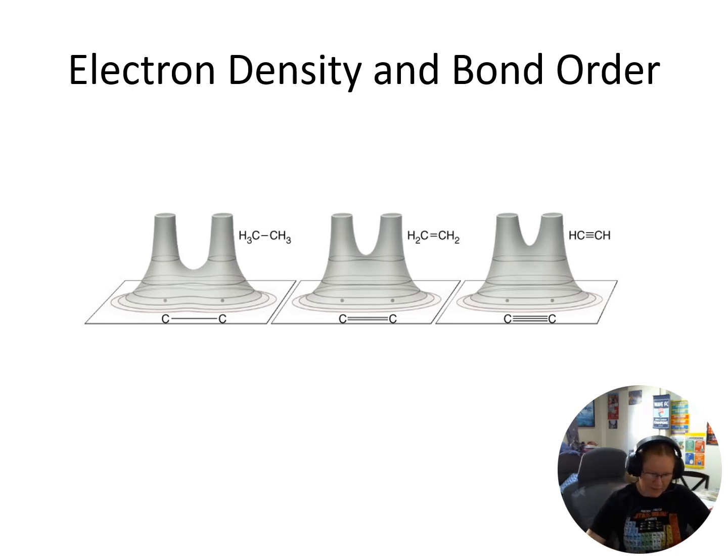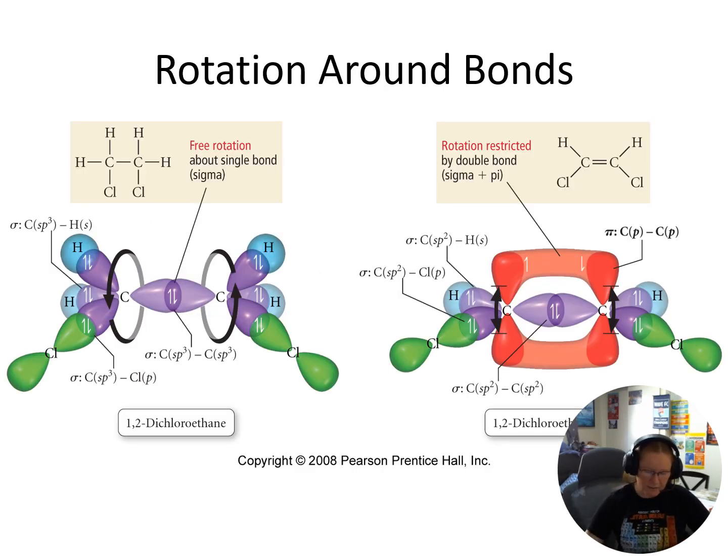One really important thing to consider with our sigma bonds and our pi bonds is if I have sigma bonds, I have free rotation around the bond. This stuff can float around anywhere. But if I have that pi bond, I can't twist it. I'm sterically hindered. There's no free rotation around that.